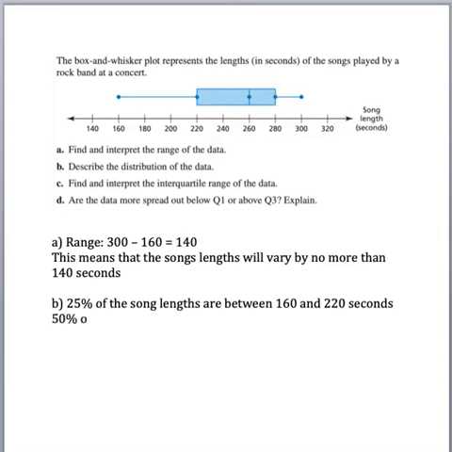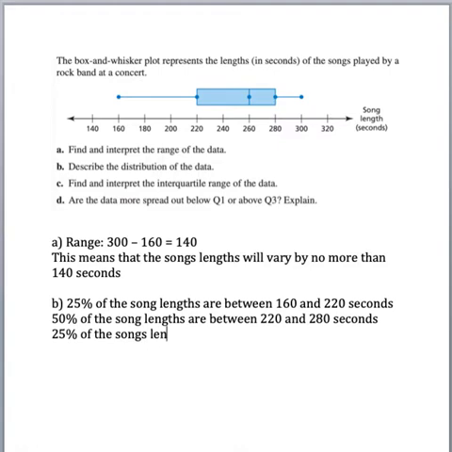So 50% of the song lengths are between, looks like, 220 and 280 seconds. And this last whisker here, again, tells us 25% of the song lengths are between, this looks like 280 to 300 seconds.